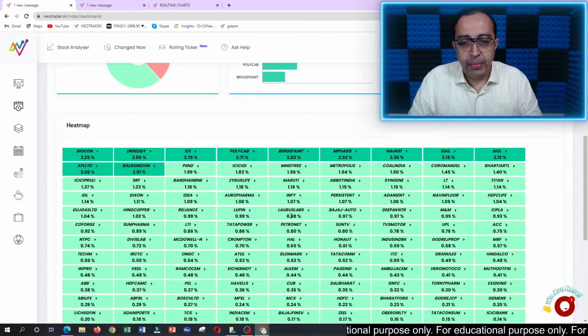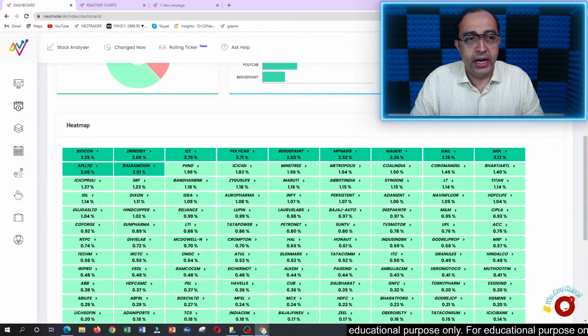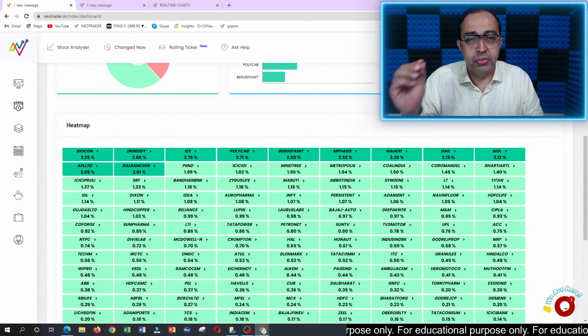So it will help us to get better clarity on the entire subject, because right now we are seeing how to look at the Heikin-Ashi chart, because Heikin-Ashi is a very powerful way to look at the markets. When you are participating in the market, Heikin-Ashi gives you a very good edge because it removes the noise.